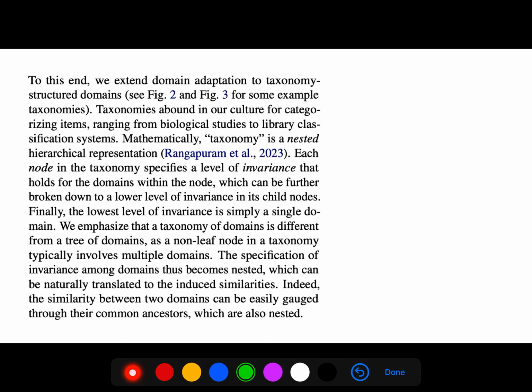Mathematically, taxonomy is just a nested hierarchical representation, and each node in the taxonomy specifies a level of invariance that holds for the domain within the node, which can be further broken down to a lower level of invariance in its child nodes. Finally, the lowest level of invariance is simply a single domain. So the lowest level could be a single domain.